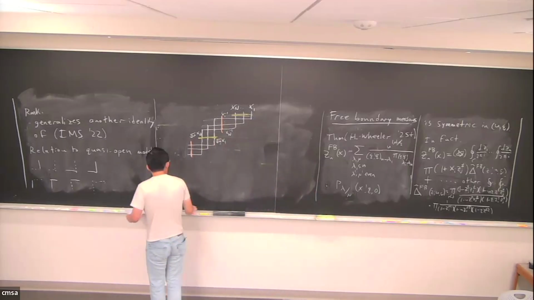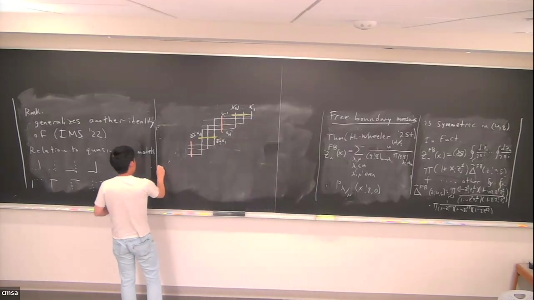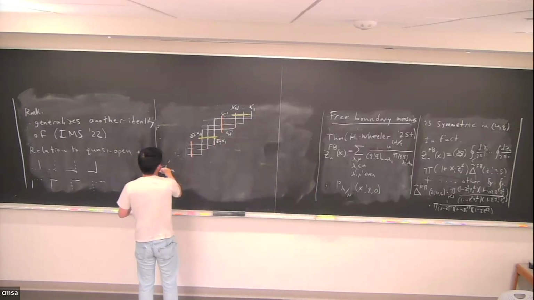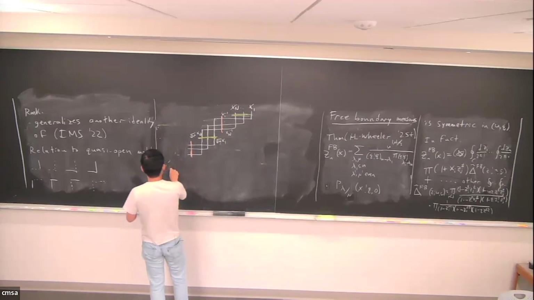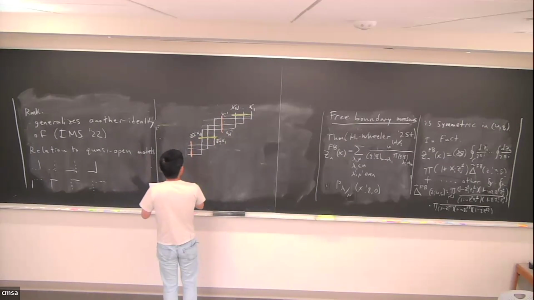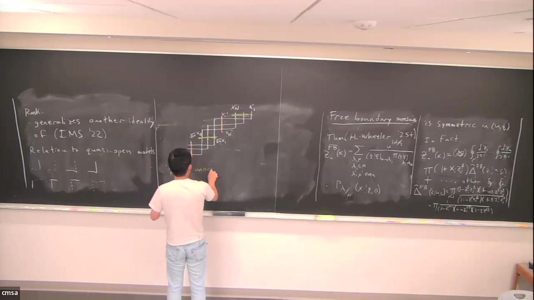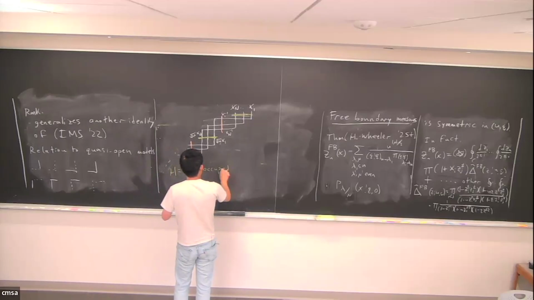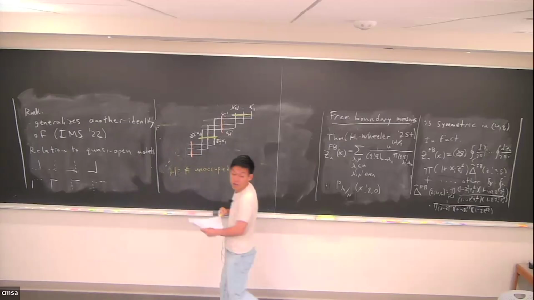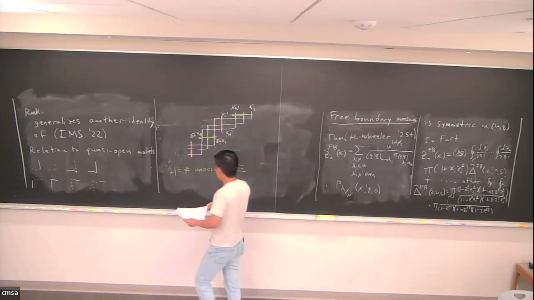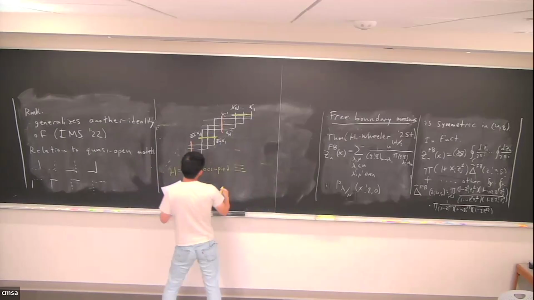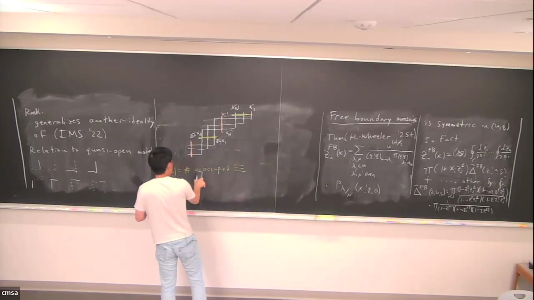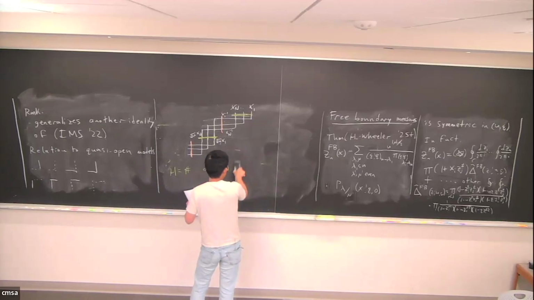And the result that we show, well, actually, let me first define something. So H is going to be the number of occupied vertical lines that the yellow line indicates.